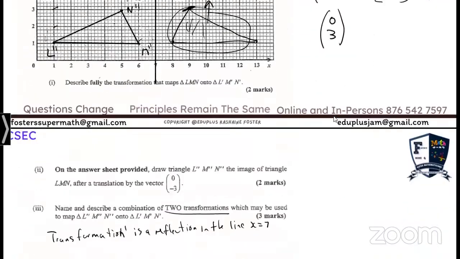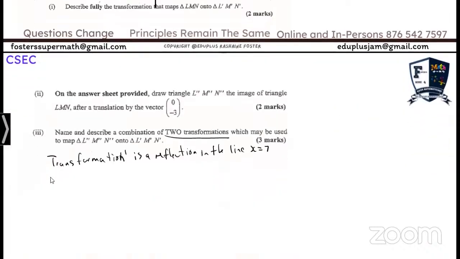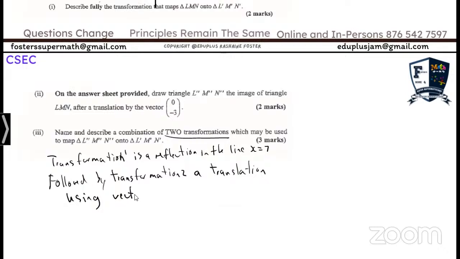So now I can write what the second transformation is, followed by transformation 2, which is a translation using vector t equals (0, 3).